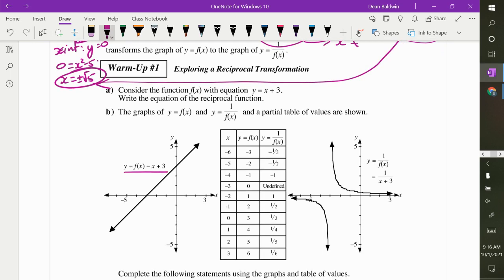So when you're graphing, if I have the graph of x plus 3, which is a linear line. They've drawn it there for us. What number are you not allowed to divide by? 0. So where y is equal to 0, i.e. the x-intercept, when you do the reciprocal graph, you generate what is called a vertical asymptote.